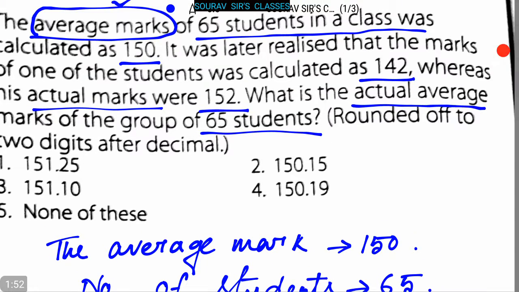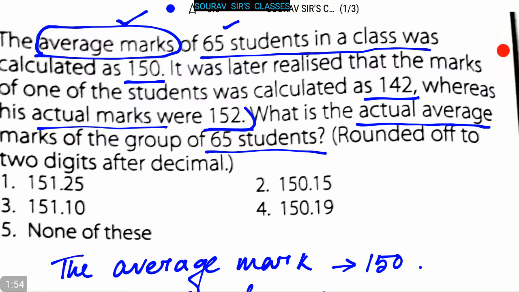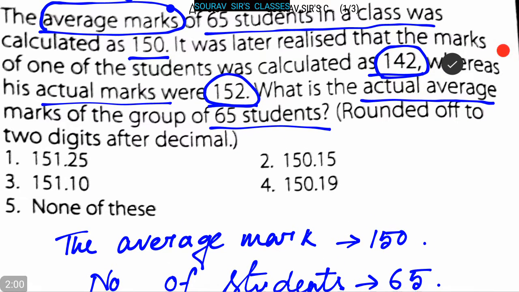the actual marks of the student was 152, but it was wrongly calculated as 142. So let's add this 152, and from the total value let's deduct the value 142.